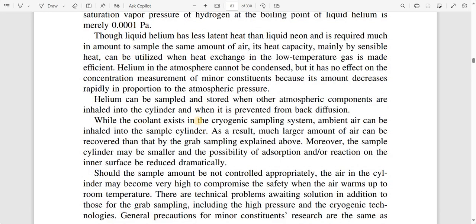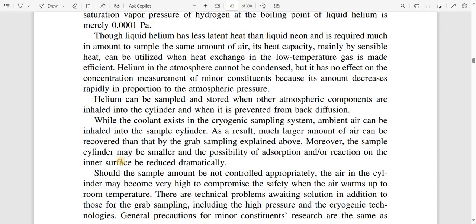While the coolant exists in the cryogenic sampling system, ambient air can be inhaled into the sample cylinder. As a result, a much larger amount of air can be recovered than by the grab sampling explained above.